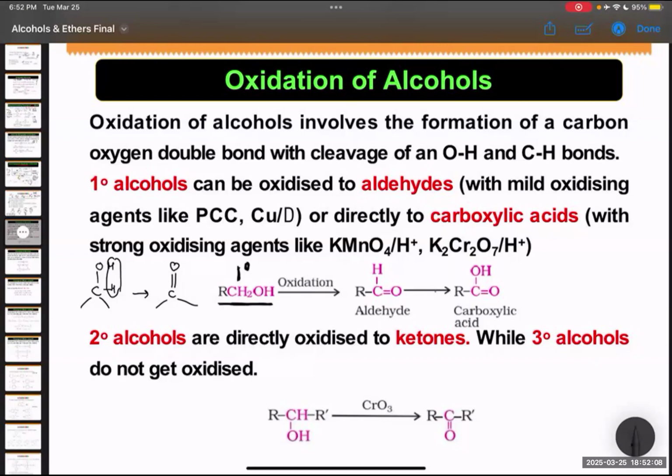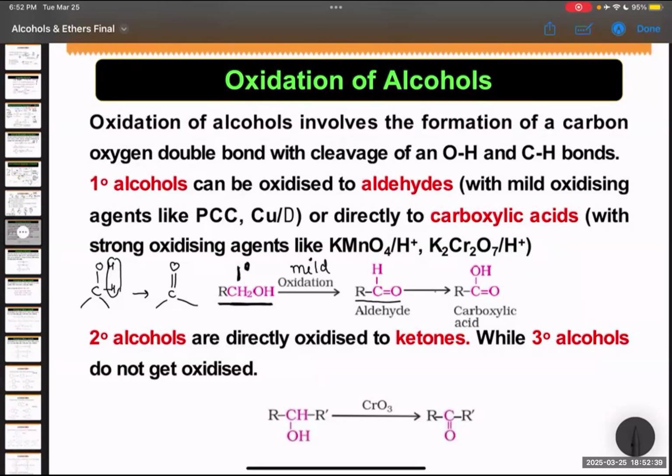RCH2OH. Upon oxidation, a double bond appears on the carbon-oxygen. So if you take a mild, weak oxidizing agent, you just get aldehyde.